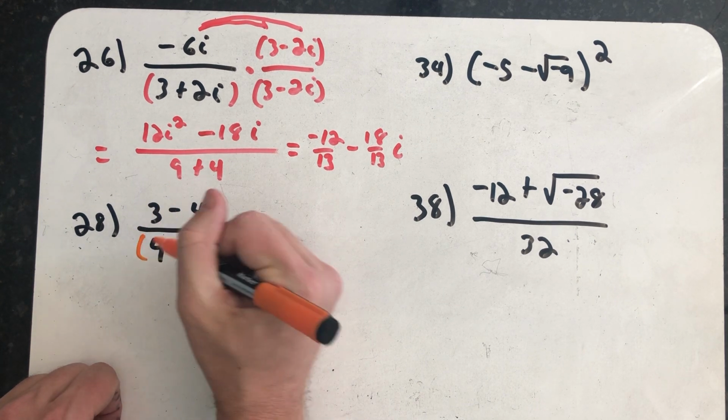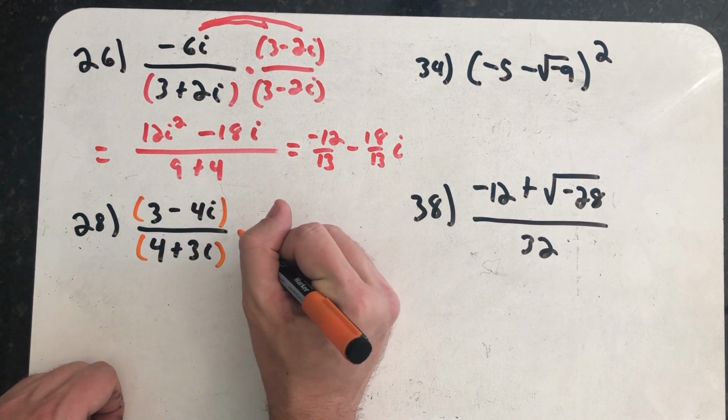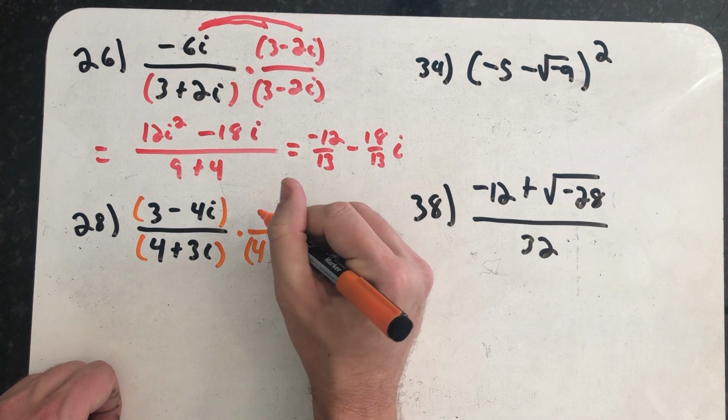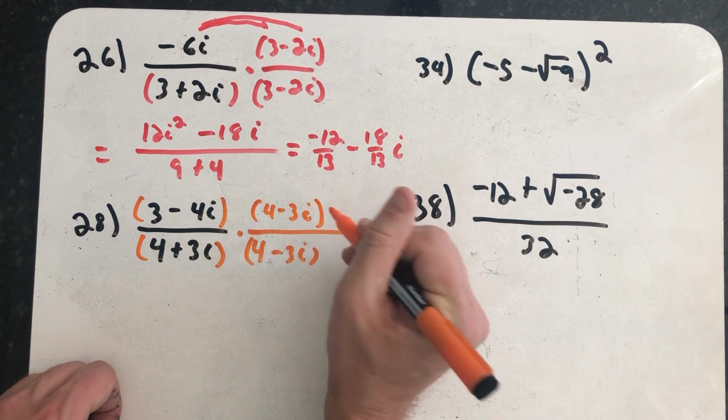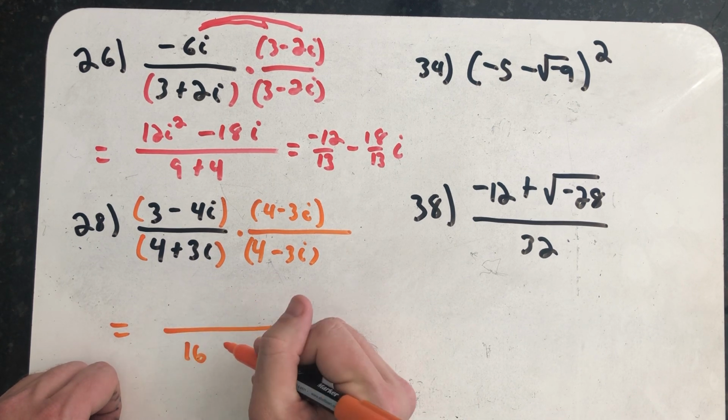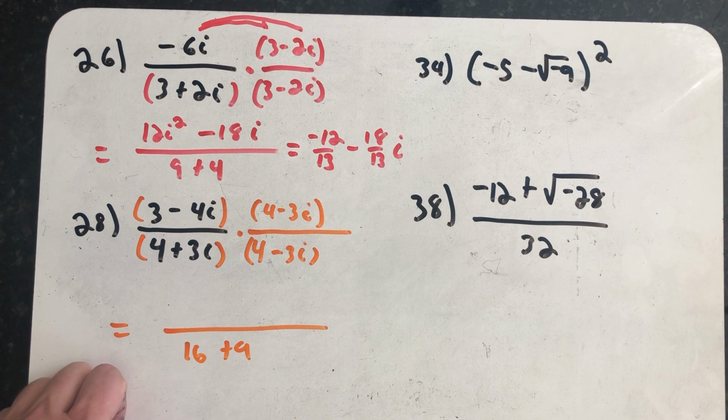Alright, another division problem, another multiply by the conjugate of the bottom. And of course when I say that I have to do the same thing to the top and bottom of that fraction. On the bottom I end up with 16 plus 9, so I end up with 25 on the bottom.